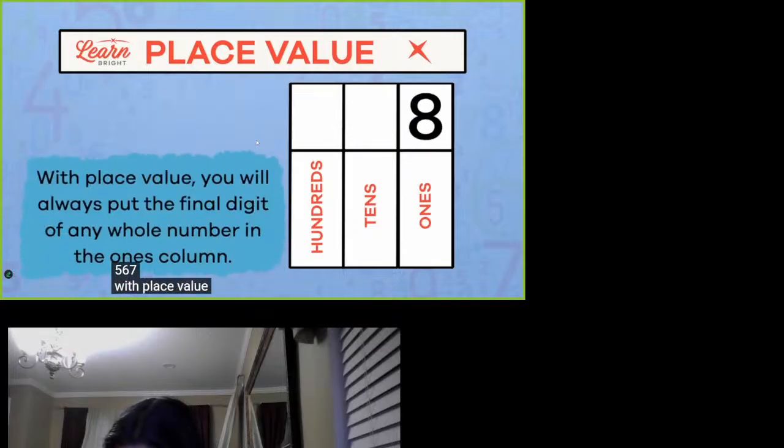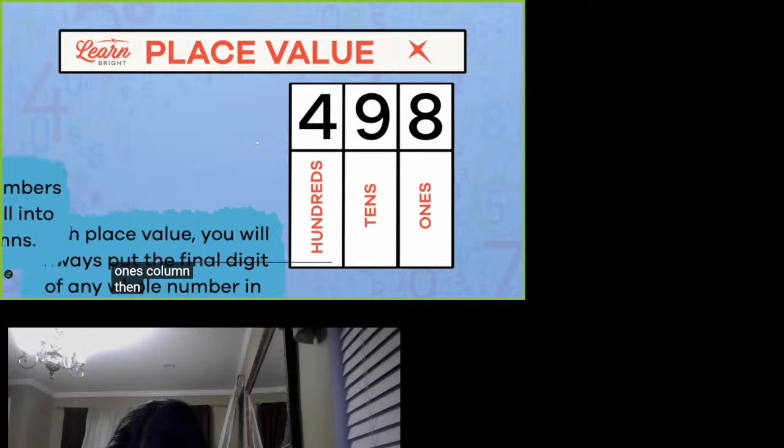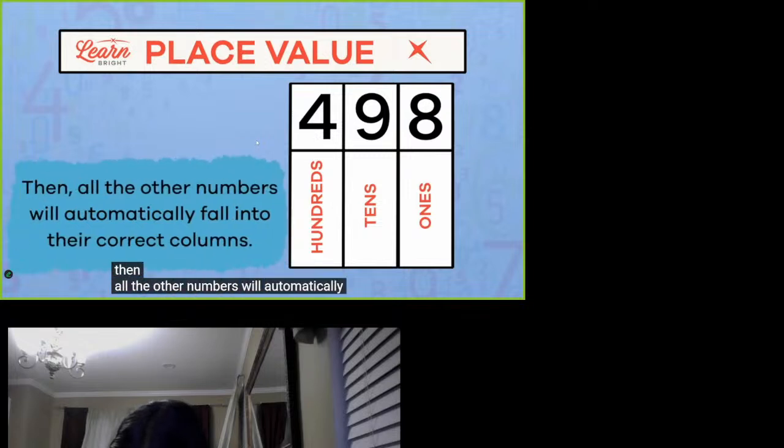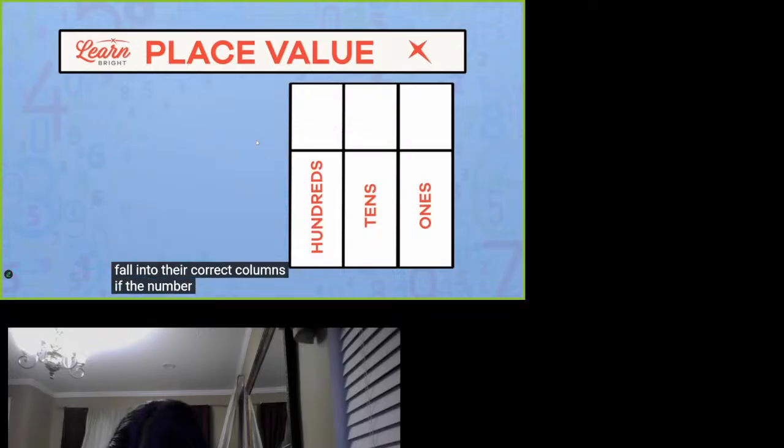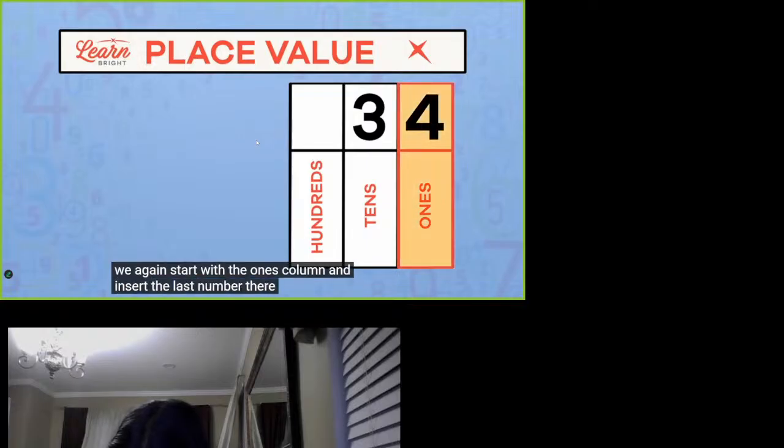With place value, you will always put the final digit of any whole number in the ones column. Then, all the other numbers will automatically fall into their correct columns. If the number only has 2 digits, we again start with the ones column and insert the last number there.